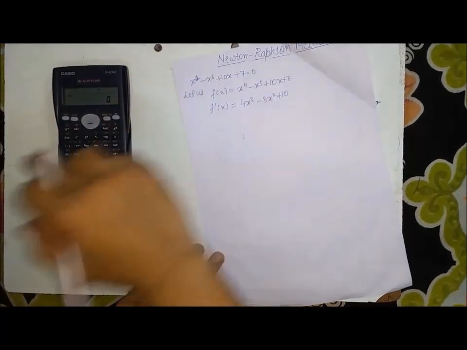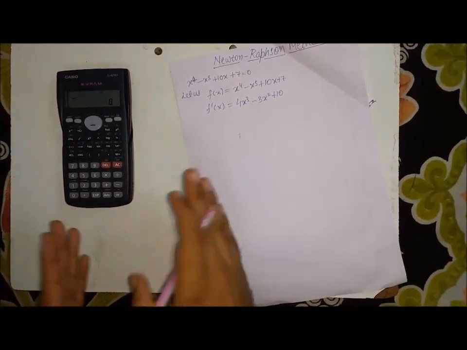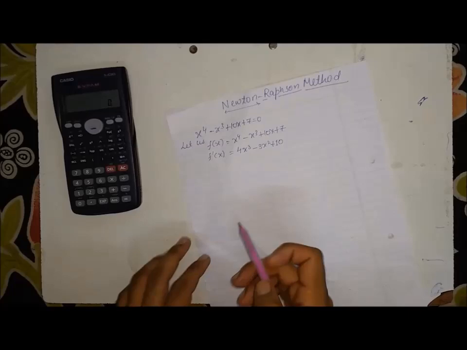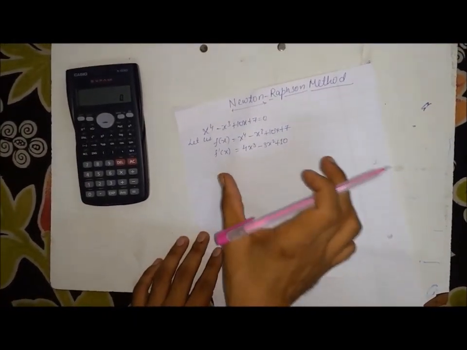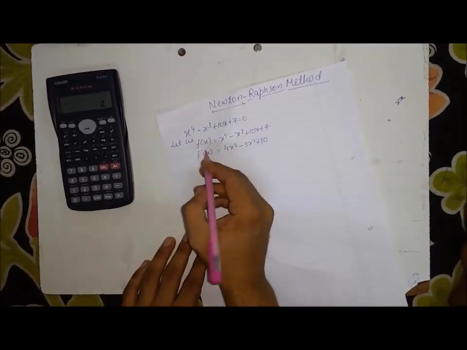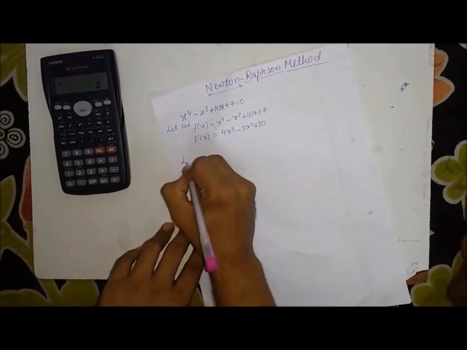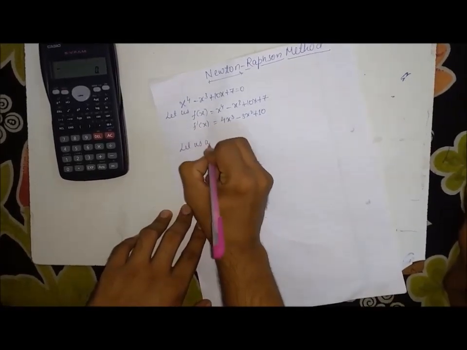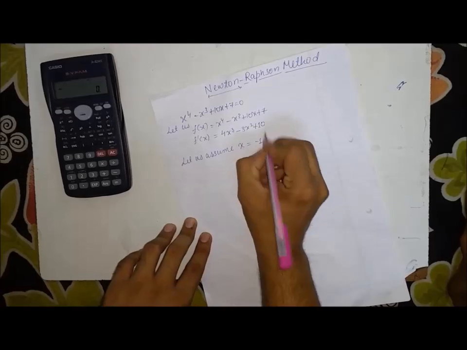Now to find the roots of this given polynomial exactly, we have to find the limit values within which the roots will occur. So to find that, we have to put some value of x in f of x. Let me assume x to be minus 1.